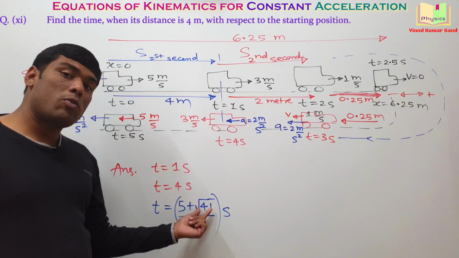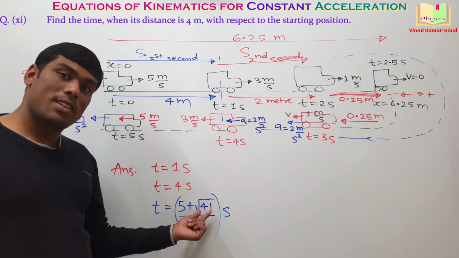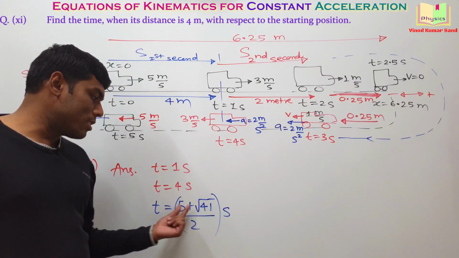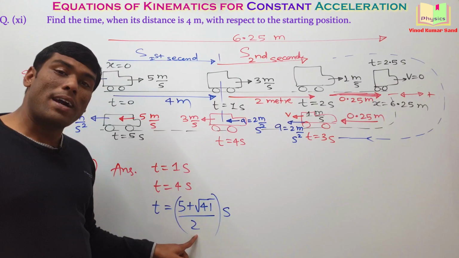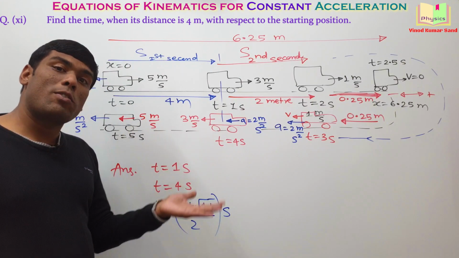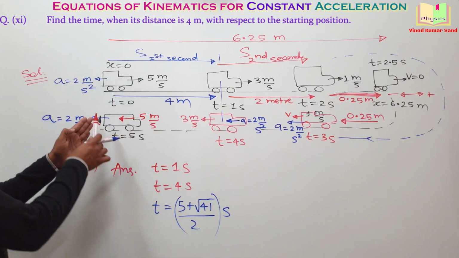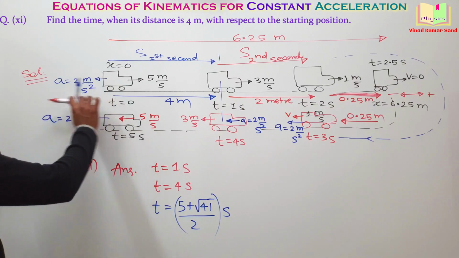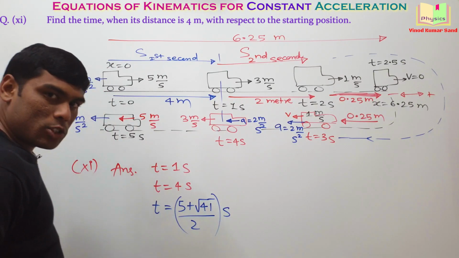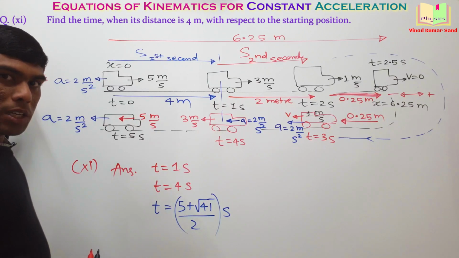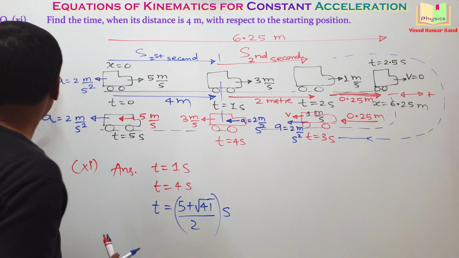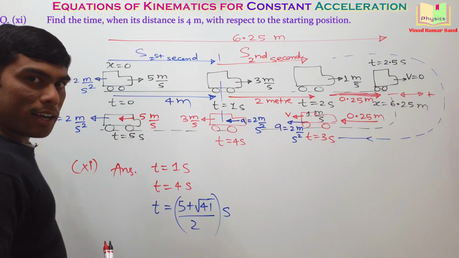So root 41 will be greater than 6. So greater than 6 plus 5, something greater than 11. Something greater than 11 by 2. So time is beyond 5.5 second. And actually beyond 5.5 second, particle will be in the negative direction. And for that instance also, it can be 4 meter away from the origin. And after that, it will keep on moving away and away.